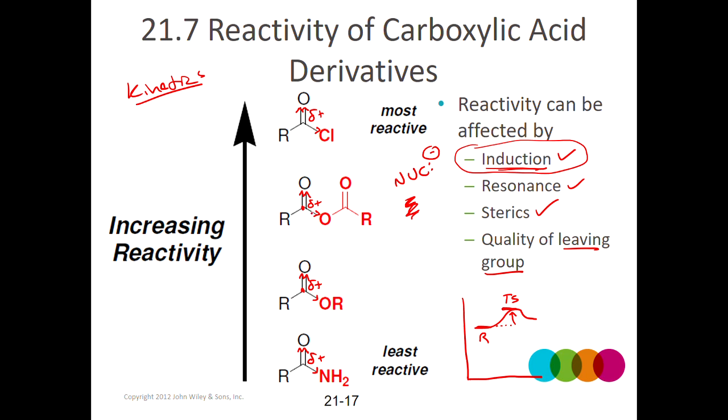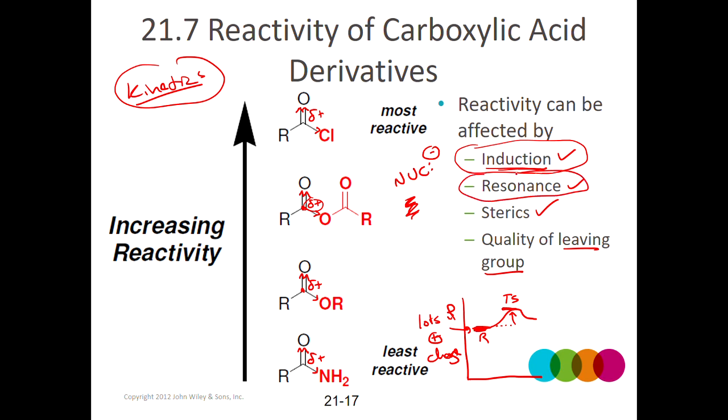So the more partial positive there is, the more unstable this carbon is. Right? I've got too much positive causing repulsion, not enough negative to balance out the positive that's there, and so it's relatively high in energy. So that helps the kinetics, creating more positive on the carbonyl carbon where the nucleophile is going to attack, makes it high in energy to begin with because there's lots of positive charge there that's not stable and high in free energy or potential energy to begin with.